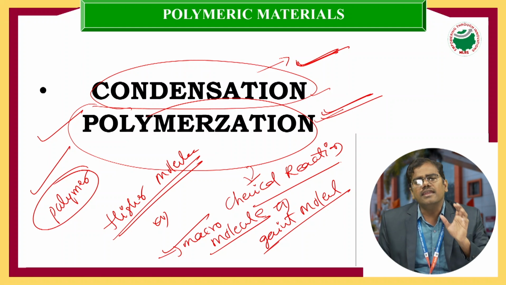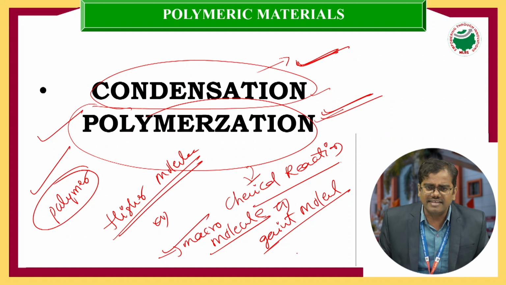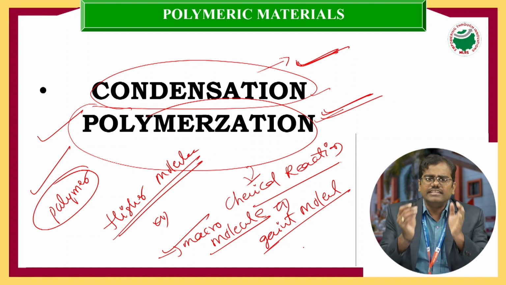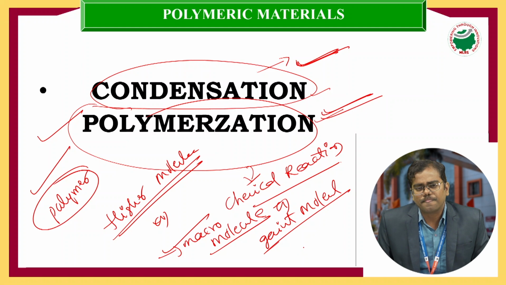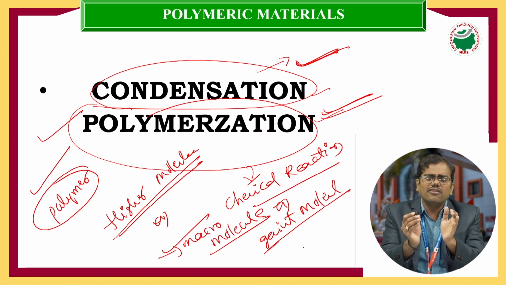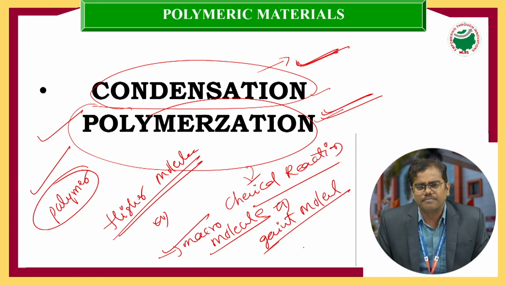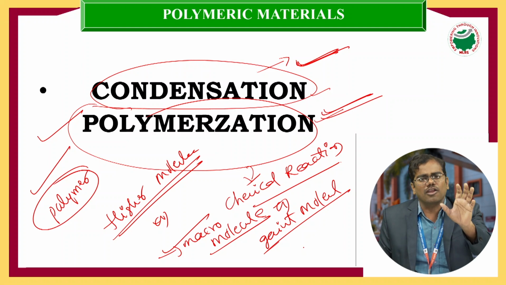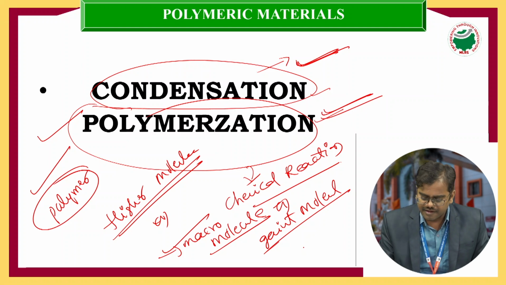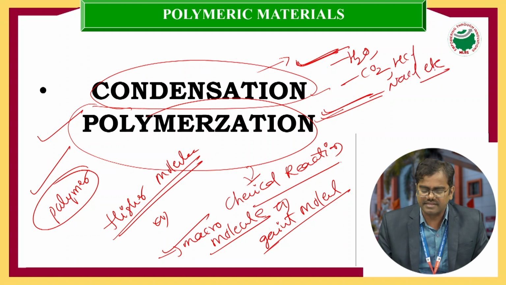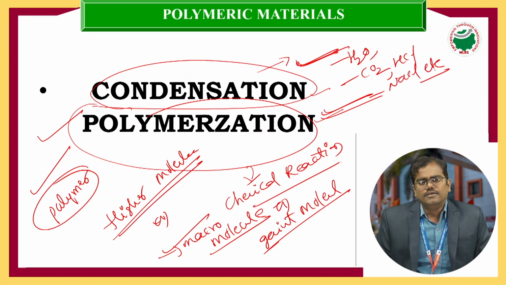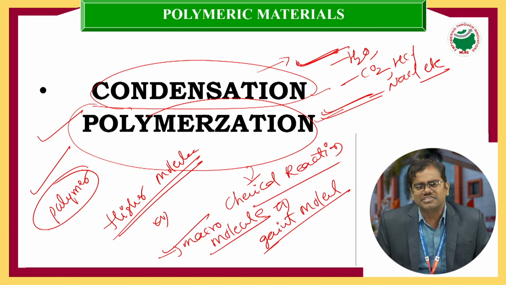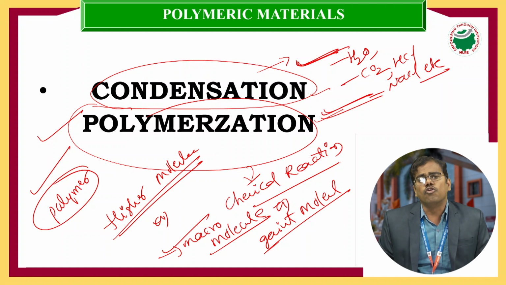So condensation polymerization can be defined as a giant molecule, a higher molecular weight substance, formed by the elimination of smaller molecules like H2O, carbon dioxide, HCl, NaCl, etc. The smaller molecules are eliminated from the monomers.